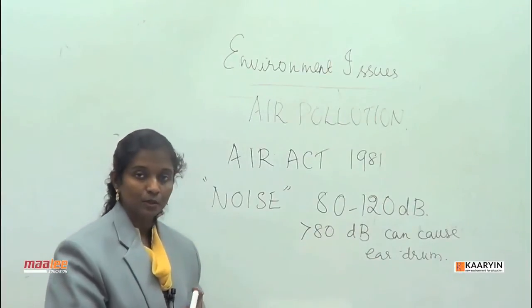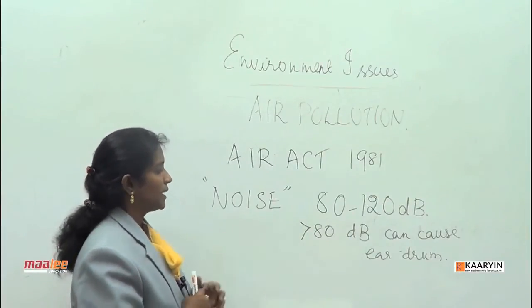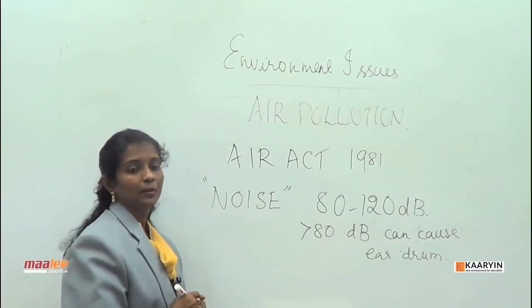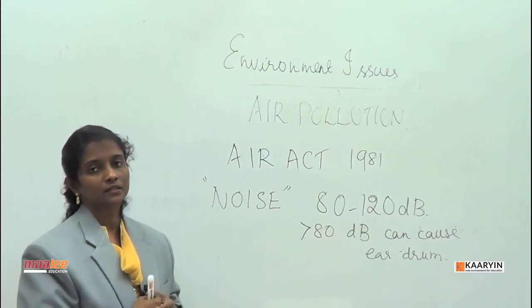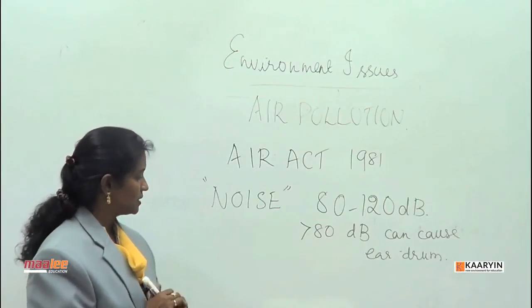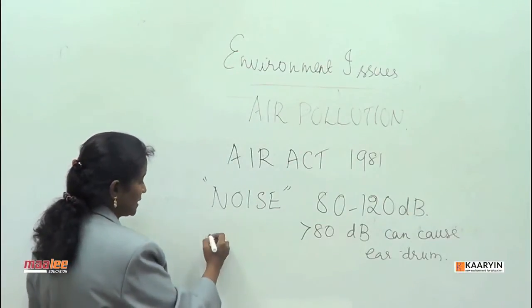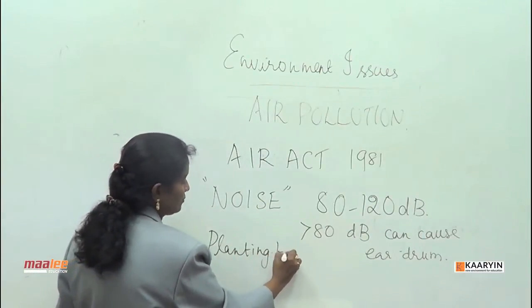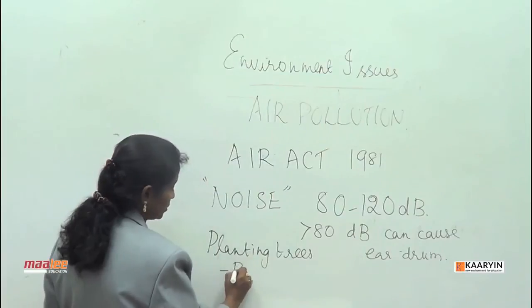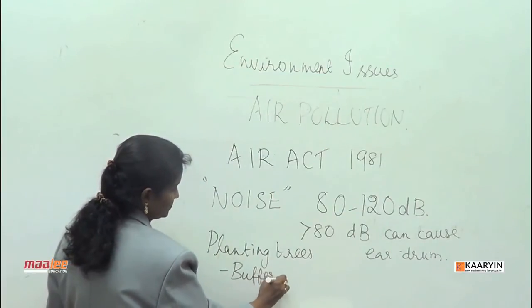Noise pollution can be reduced by having a buffer zone between the industrial regions, that is special economic zones, and the residential regions. Planting trees could be a very good solution, because they act as a buffer to control this noise pollution.